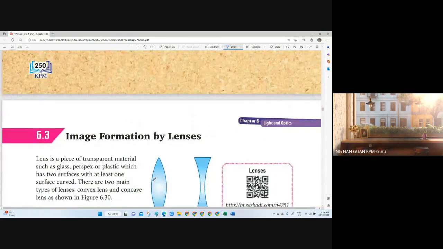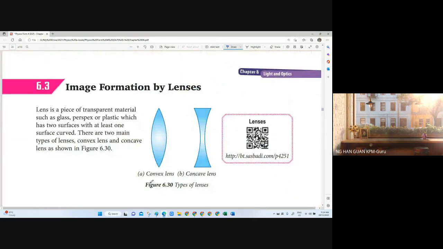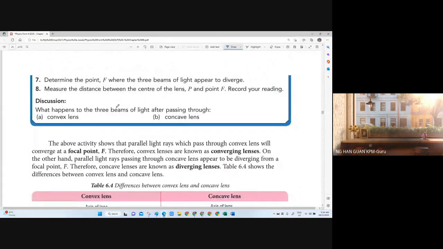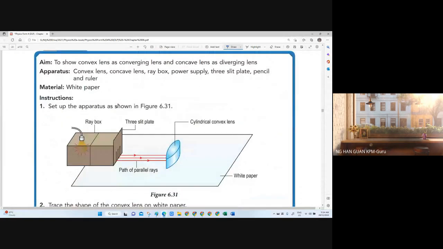All right, so that's all about total internal reflection. I will continue a little bit with 6.3, image formation by lenses. Image formation by lenses is actually an extension of 6.1, because it's about the refraction phenomenon, the refraction of light.